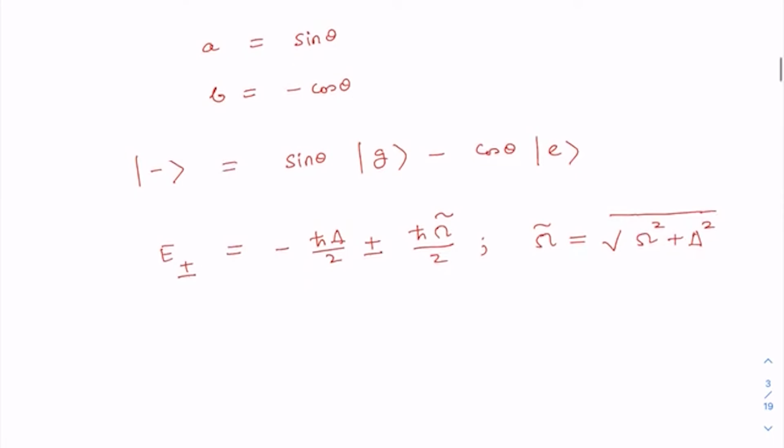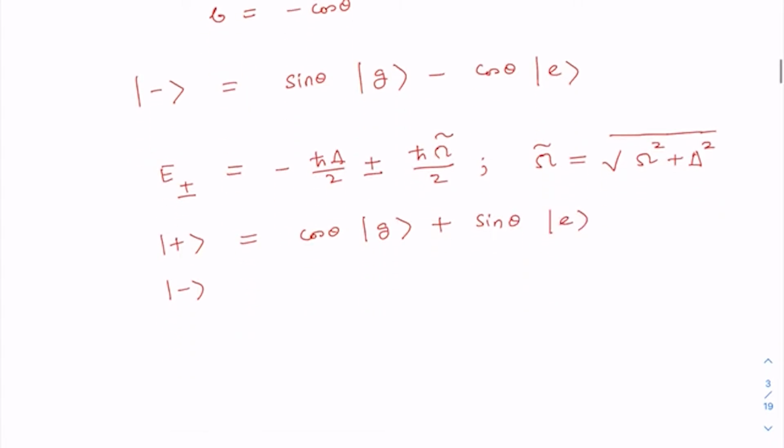And the eigenstates are |+⟩ equal to cos θ|g⟩ plus sin θ|e⟩, and |−⟩ equal to sin θ|g⟩ minus cos θ|e⟩. In fact, these |+⟩ and |−⟩ are called the dressed states.